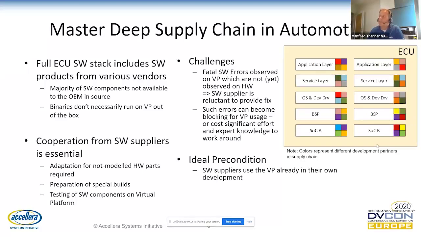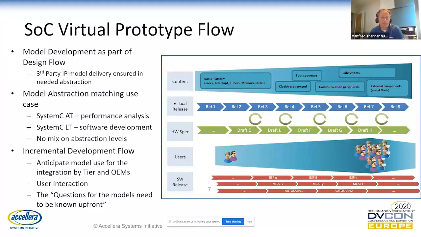So we'll get into that a bit further in the next slides from the semiconductor vendor's point of view. At NXP, the model development is an incremental flow. As we have specifications available and the IP gets defined, decided, or third-party IP is integrated, we do an incremental release process.